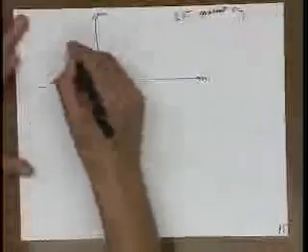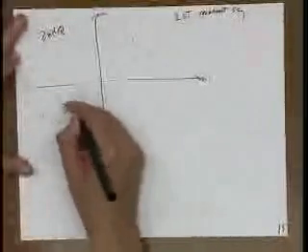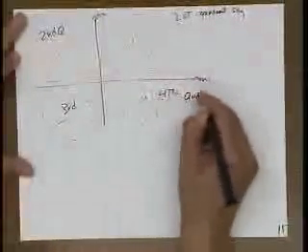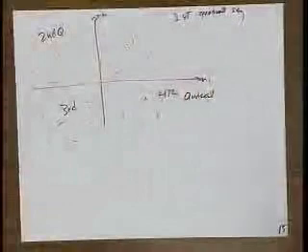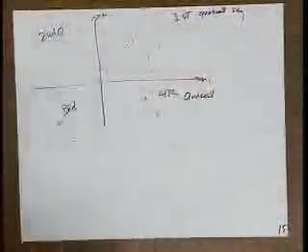Second quadrant is here. Third is here. And fourth quadrant is here. Okay? And rather than writing this, maybe I can flash the typed up lecture notes.